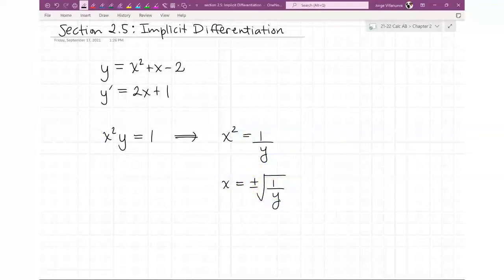And now the question is, what do I take a derivative of? Do I take the derivative of the positive square root of 1 over y? By the way, you can do this. If you're wondering, wait a minute, why am I taking derivatives of y's? We're supposed to take derivatives of x's. No, you just change the way it looks. Over here, you would have written dy/dx.